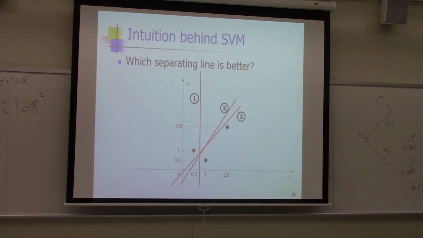Even if we find it difficult to calculate the margin, just based on your intuition you can figure out that line 2 is likely the best. This is, I would say, the magic of the support vector machine. Even though it has a heavy mathematical formulation, it matches your intuition.